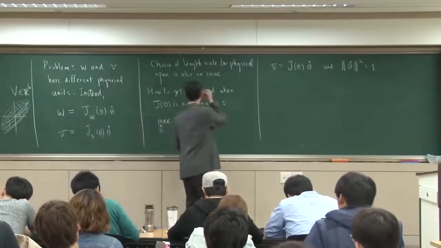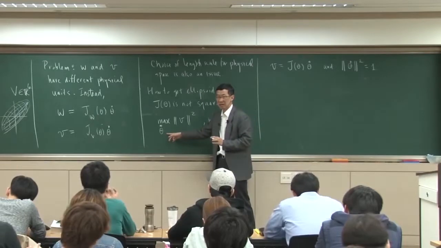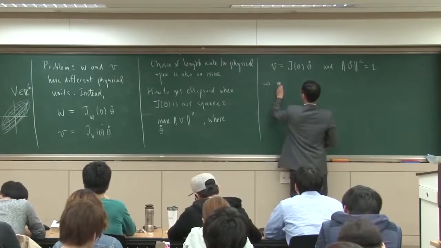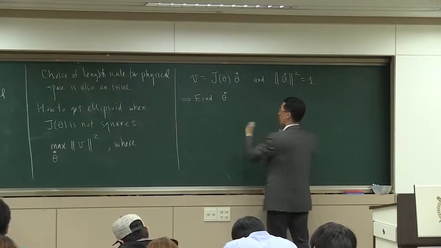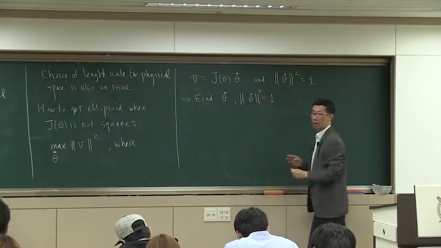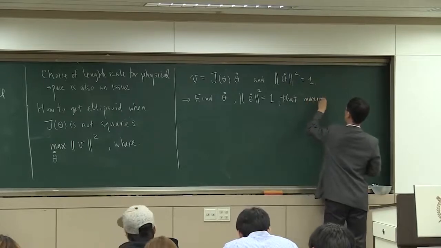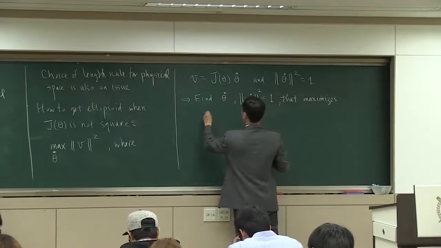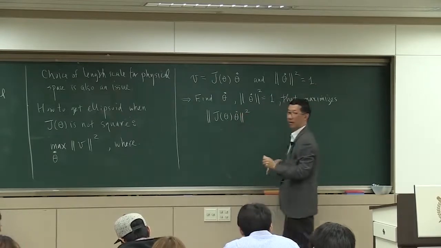We can pose it as this kind of problem. Find theta dot, and remember, theta dot has to be of unit norm, that maximizes V equals J times theta dot, that is, J of theta dot squared.